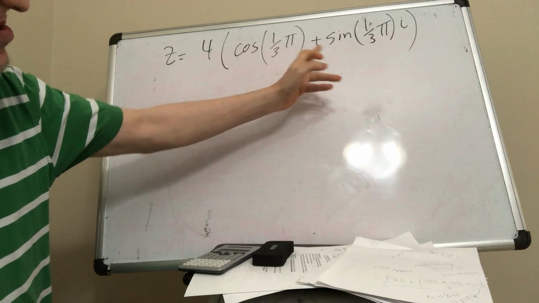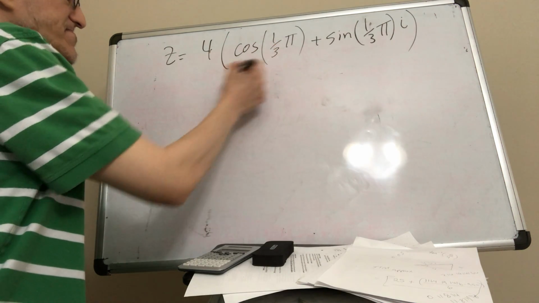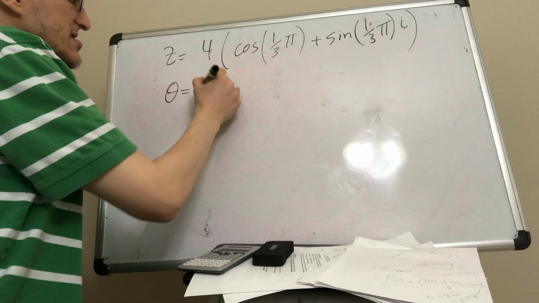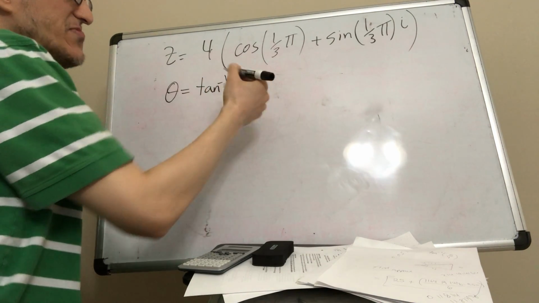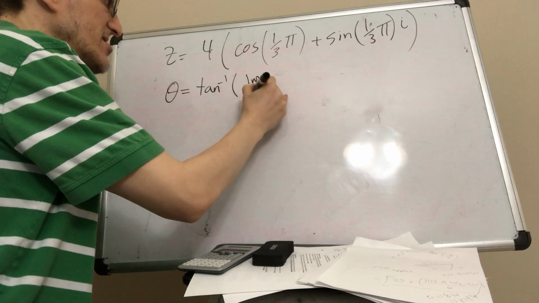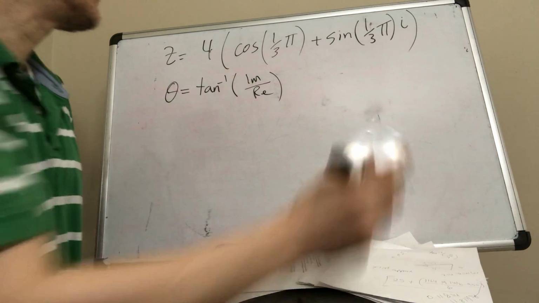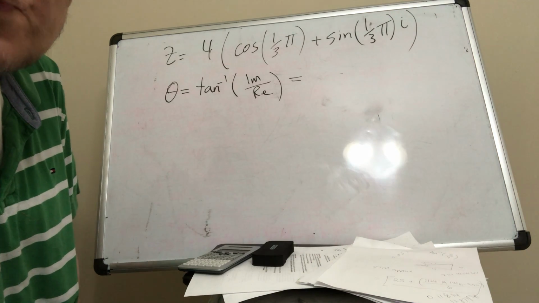Now, from this, I know that the argument, theta, is always tan inverse of imaginary over real. I don't know what my imaginary is, I don't know what my real is.